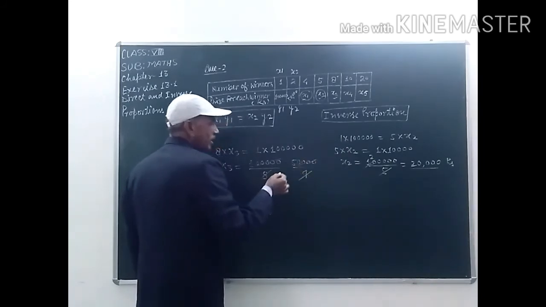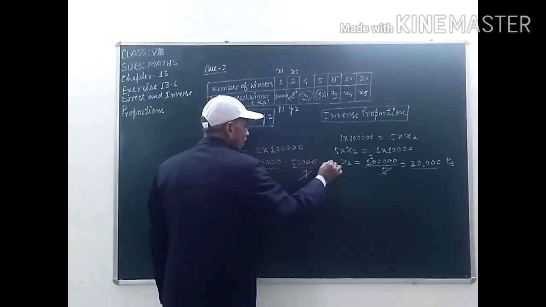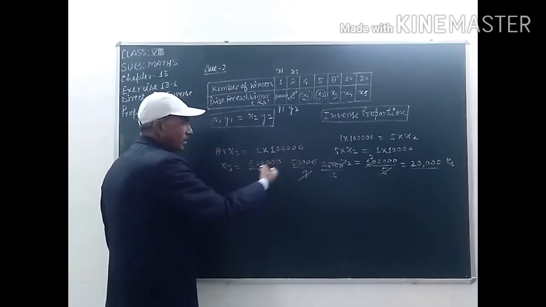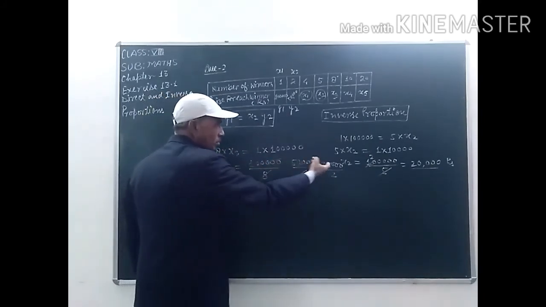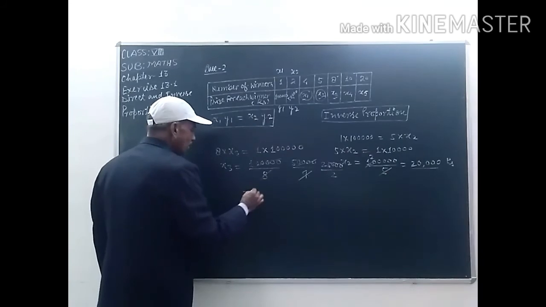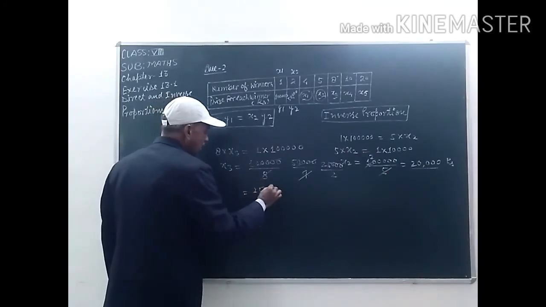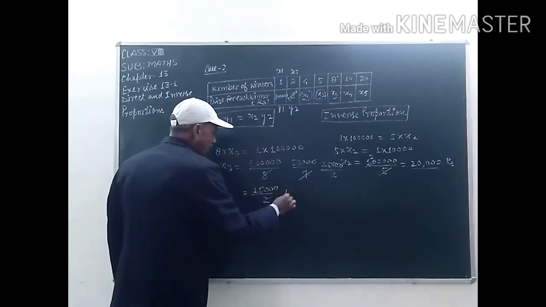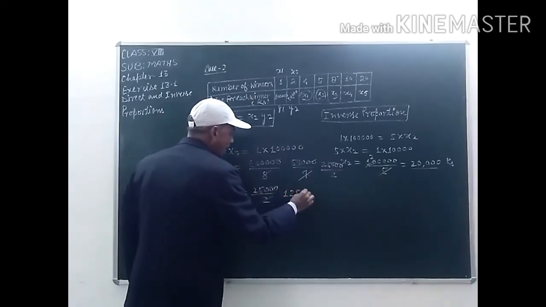Again reduce it by 2, so 25,000 by 2. Students, we reduced it by 2, and then reduced again by 2. Now 25,000 by 2: divide it, 2 ones are 2, 2 twos are 4, 10, 2 fives are 10.